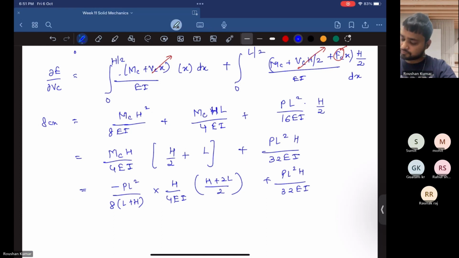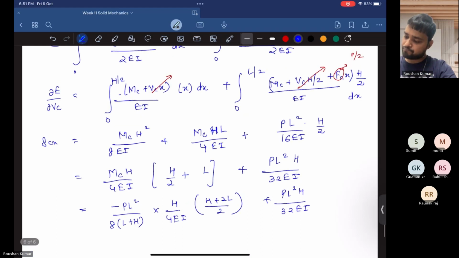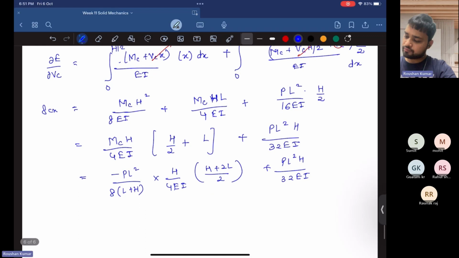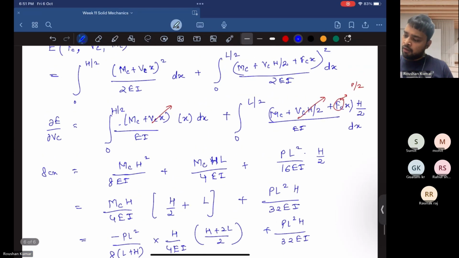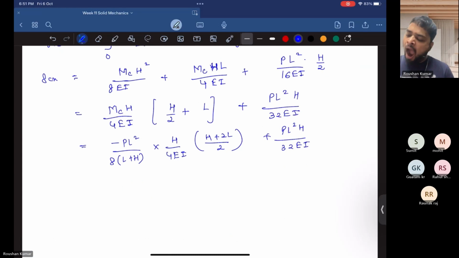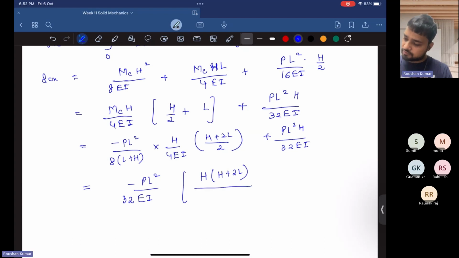So it will become minus P L square upon 32 EI, upon h into (h plus 2L) upon 2 into (L plus h), plus P L square upon 32 EI is common, plus h.